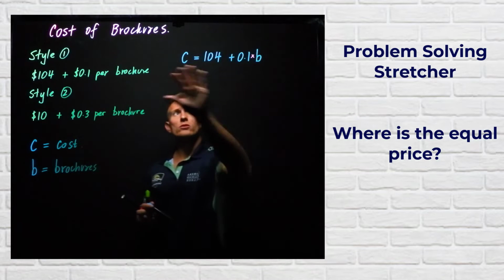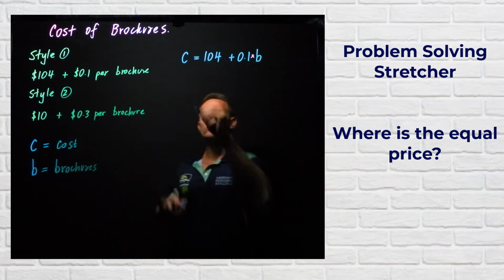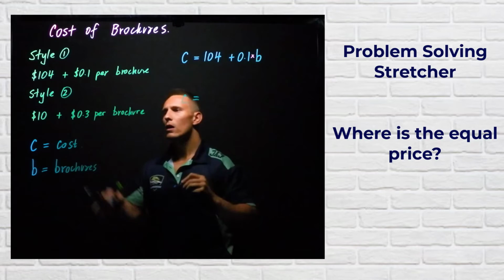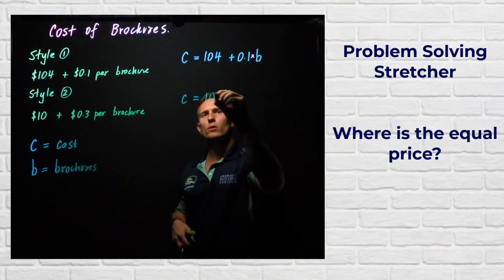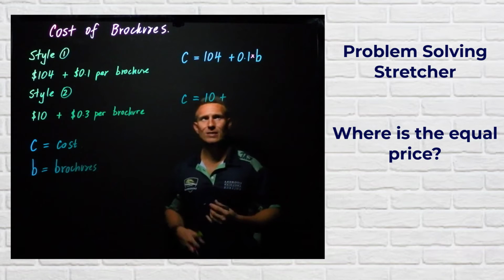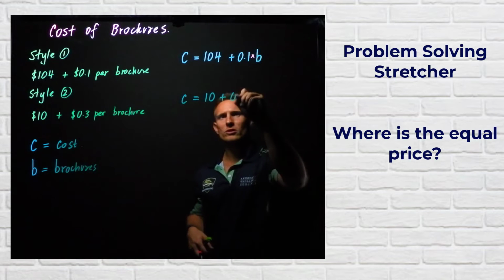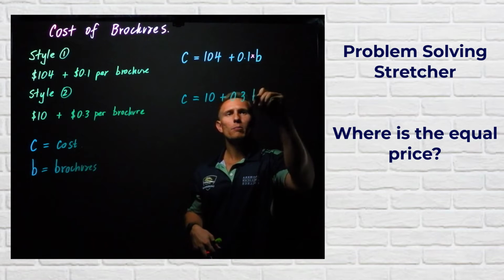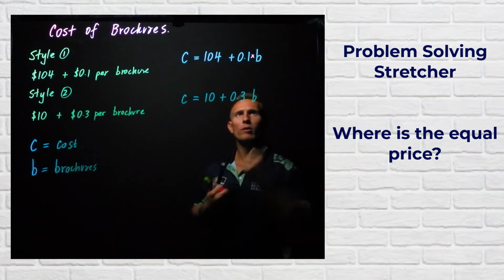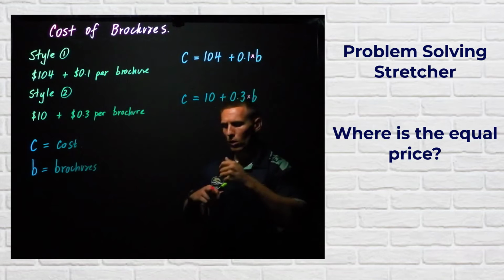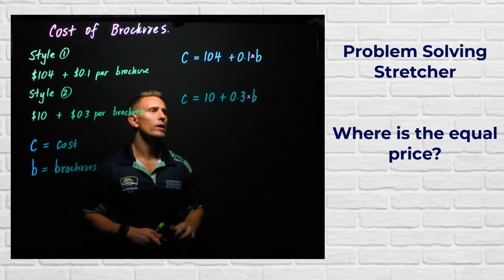So that's the cost of style 1. The cost of style 2, C equals, is going to be $10 plus 30 cents per brochure, so 0.3B. Again, remember we've got a little invisible multiplication sign in between there.